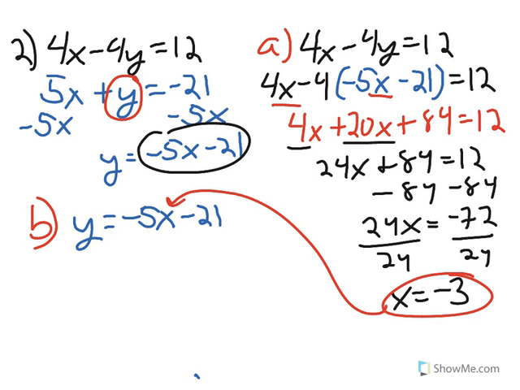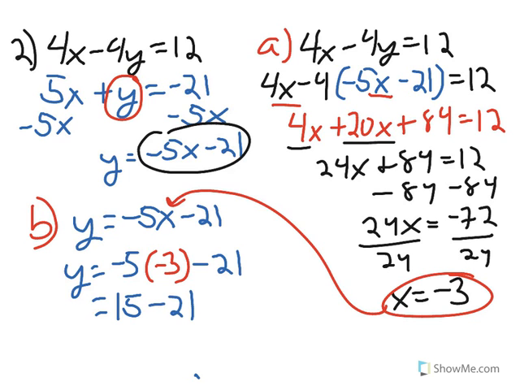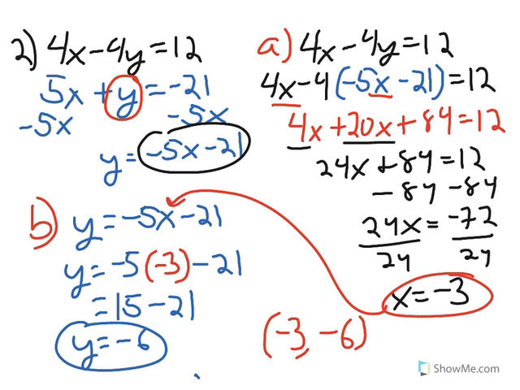So y equals negative 5 times my x value of negative 3 minus 21. Negative 5 times negative 3 is positive 15 minus 21. So y equals negative 6. I always write my answer as an ordered pair, where x equals negative 3 and y equals negative 6. So that was solving two equations by substitution.